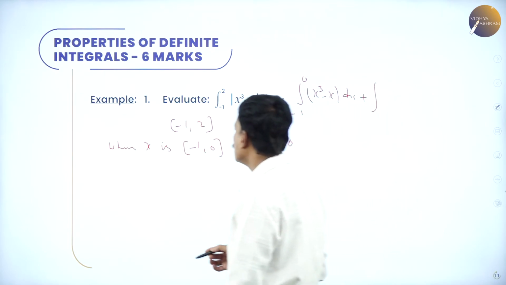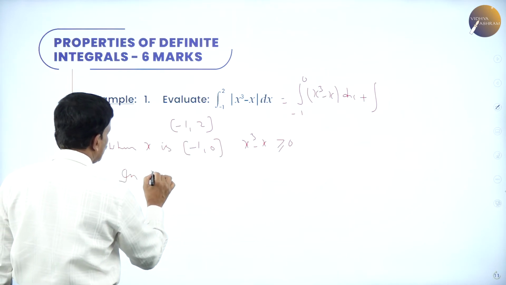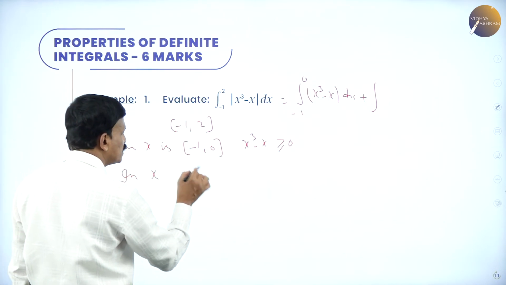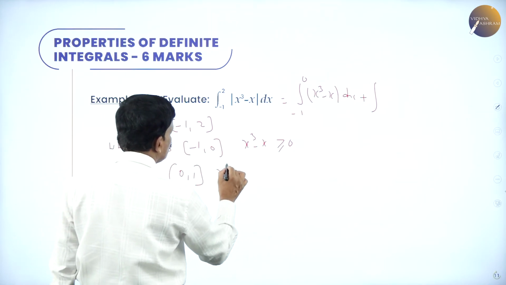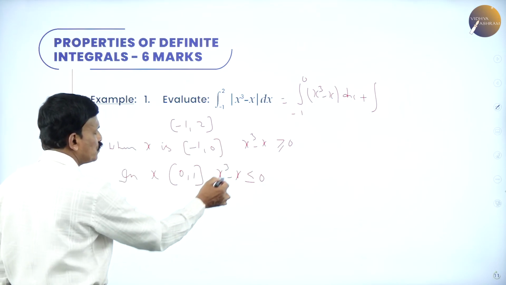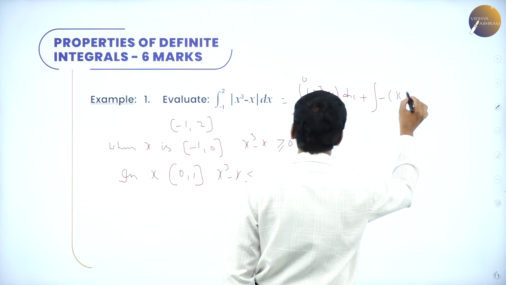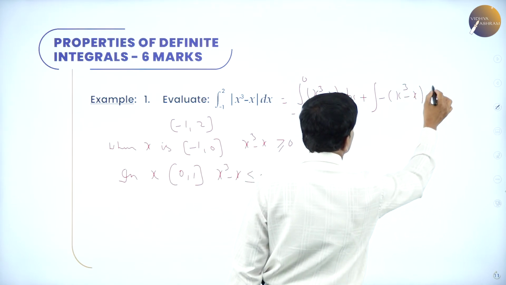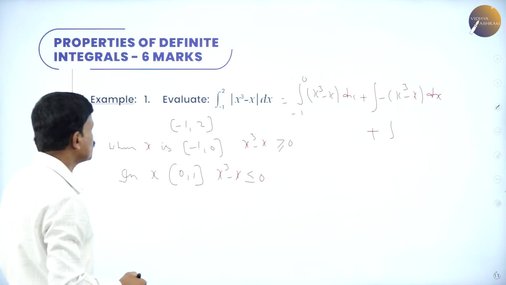Plus, second part, when x is in the interval 0 comma 1, x cube minus x is less than or equal to 0. Between 0 to 1, this is less than or equal to 0. Therefore, this can be written as minus of x cube minus x into dx. Plus, and the last interval, what is the last interval?